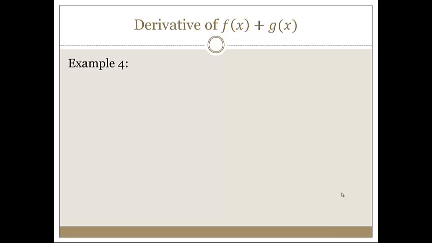For our next example, let's look at the derivative of x cubed plus 1 over the square root of x. Breaking this up, we can rewrite it as the derivative of x cubed plus the derivative of 1 over the square root of x.